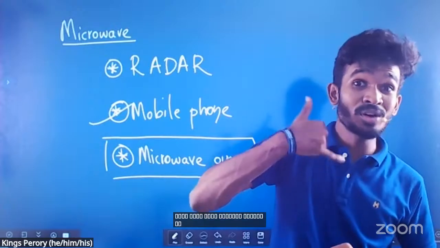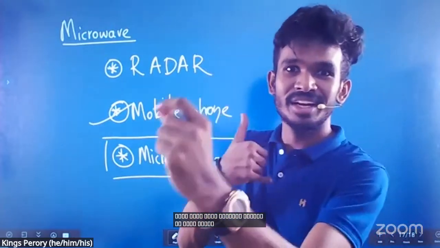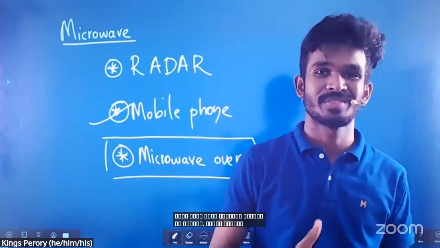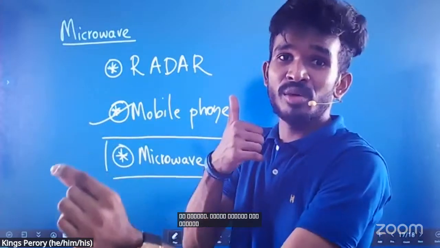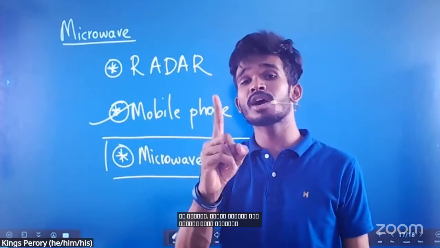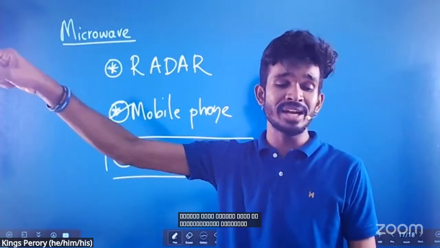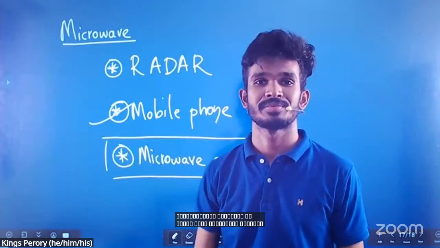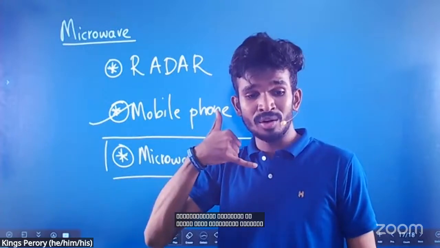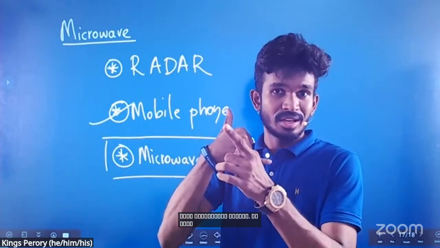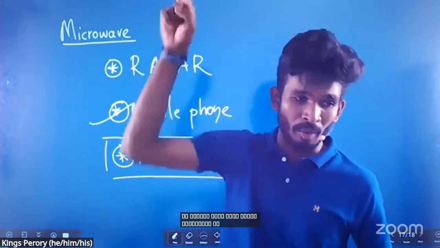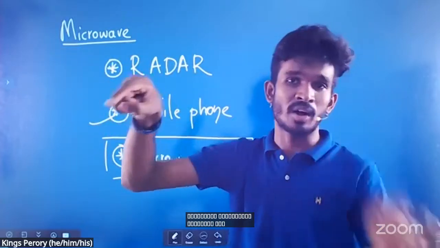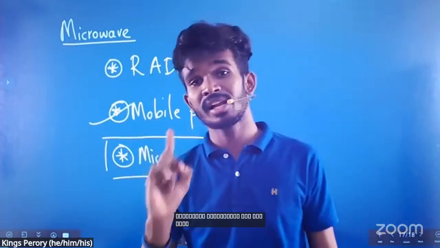From the phones also, what wave is emitted? Microwave. That microwave can interrupt the communication between the pilot and the ground center. Your microwave from the phone can interrupt the microwave from the pilot to the control center. That is why they tell you to switch off the phones.